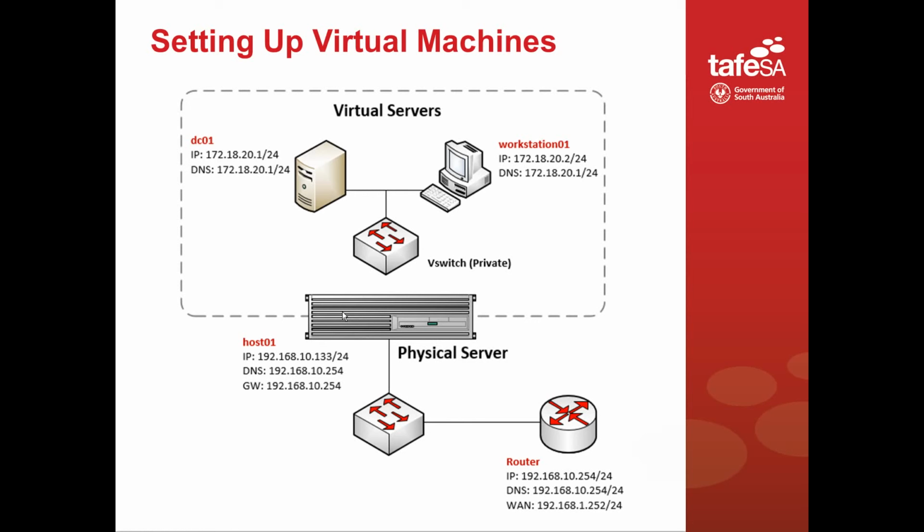And then I will create a virtual switch, server, and workstation which are completely disconnected from the physical network. It is possible to connect your virtual computers or your virtual servers to your physical network, but I don't recommend it when you're just practicing and doing practicals and demonstrations.